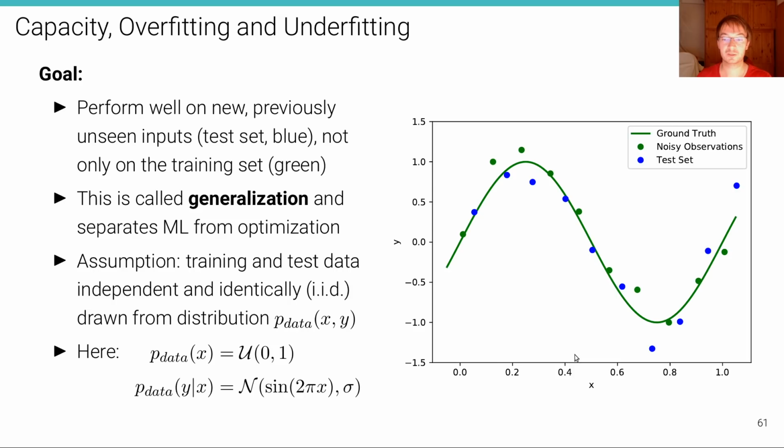We first sample an x location uniformly between 0 and 1. And then conditioned on this x location, we sample a y location by adding some Gaussian noise. And so we have this underlying sine curve here, and we add some Gaussian noise with standard deviation sigma to it.